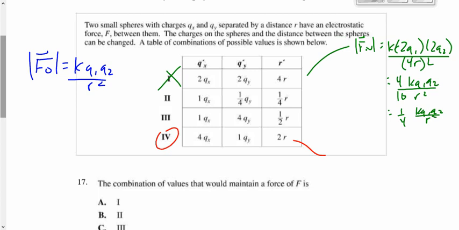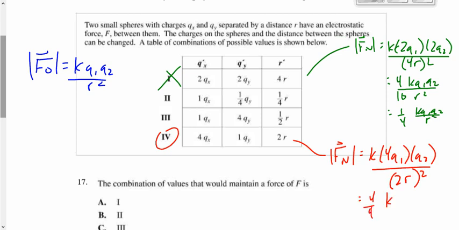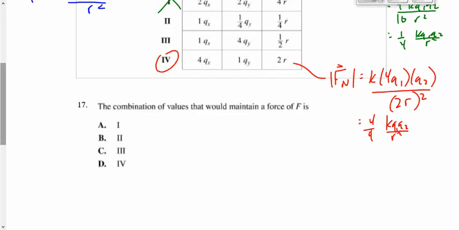Fn, the new force, is equal to K times 4 Q1 times Q2 over (2R) squared. It becomes 4 over 4 times K Q1 Q2 over R squared, 4 over 4 times my original force, which means my new force stays the same as my original force.